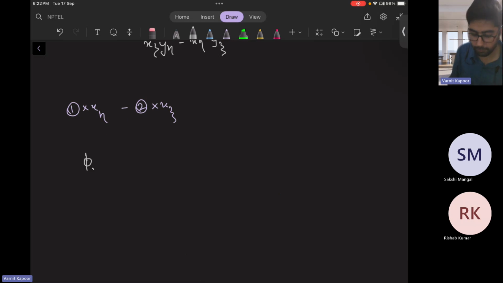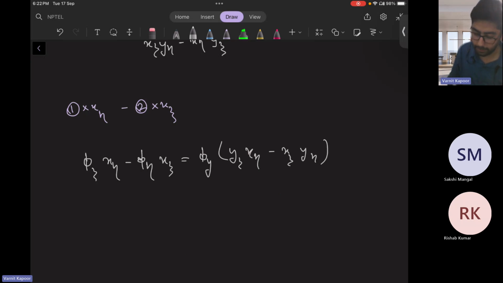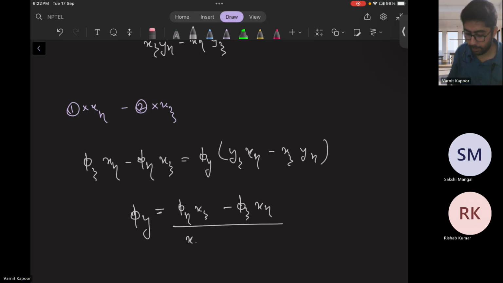So that is φ_ζ x_η minus φ_η x_ζ is equal to φ_y into y_ζ x_η minus x_ζ y_η. So here we will take out φ_y. This φ_y is (φ_η x_ζ minus φ_ζ x_η) over (x_ζ y_η minus x_η y_ζ).